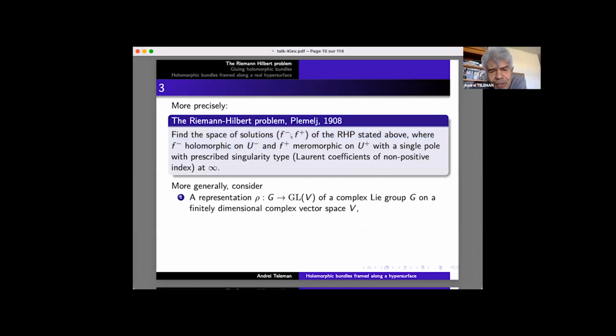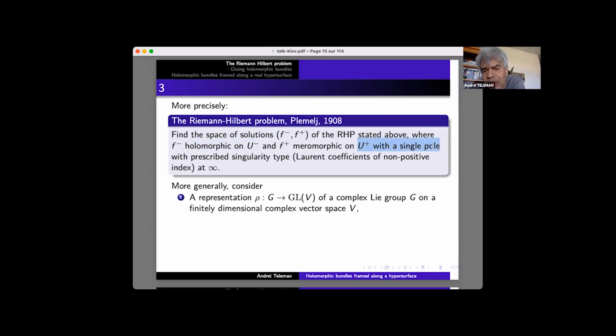What is the difference here? It's absolutely the same. We ask for the space of pairs (F minus, F plus), where again F minus is required to be holomorphic on the disk, which is included in C, and F plus meromorphic on U plus.